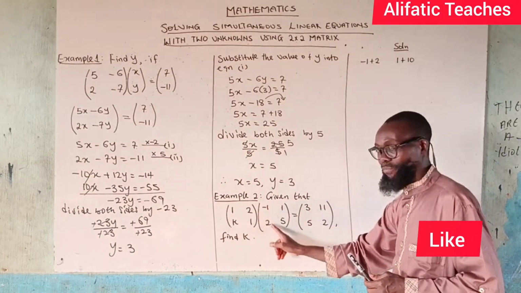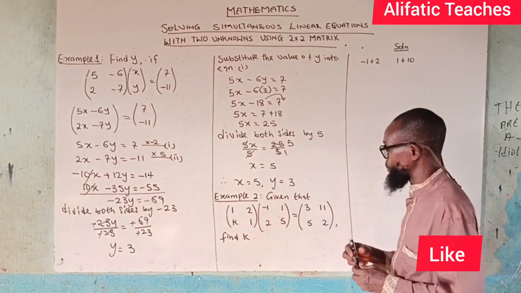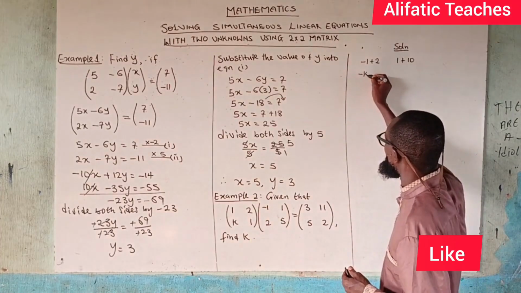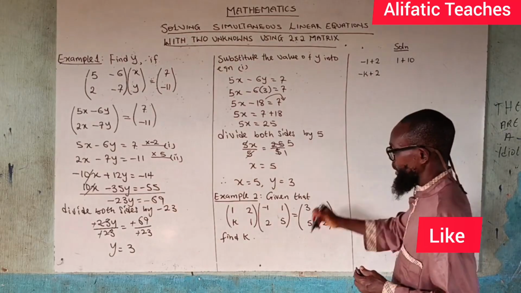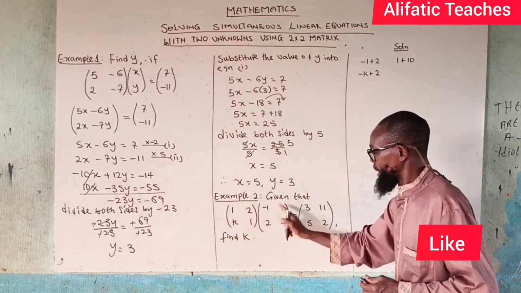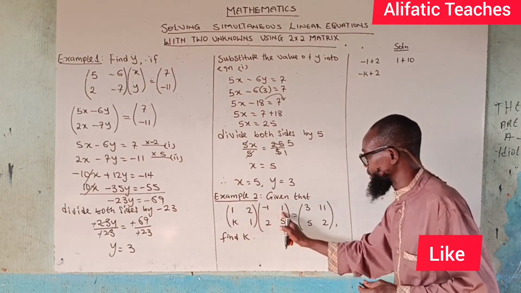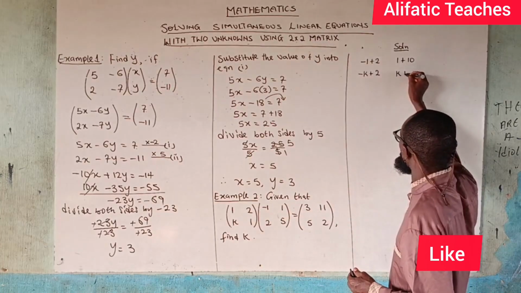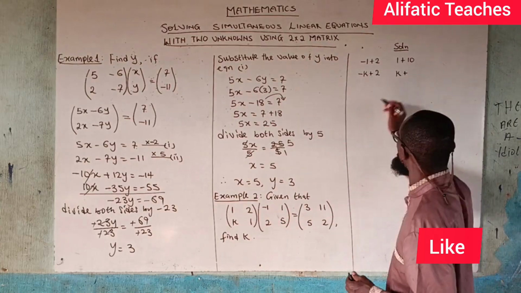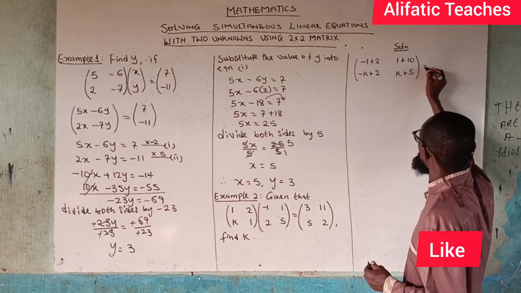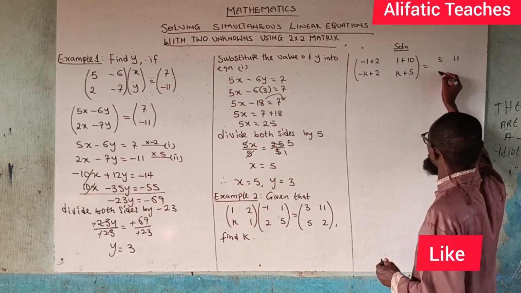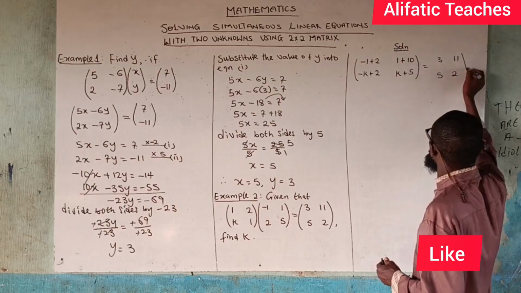Second row we multiply first column. K times minus 1, I have minus k, plus 1 times 2, I have 2. Then second row, second column, k times 1, I have k, plus 1 times 5, I have 5. I'm done with that. Then equals to 3, 11, 5, and 2.